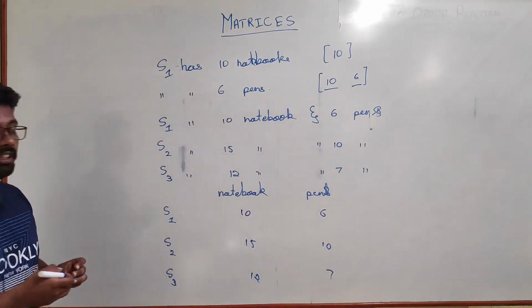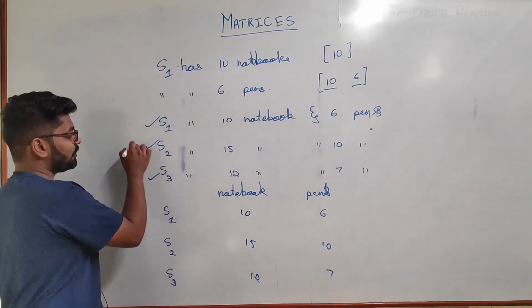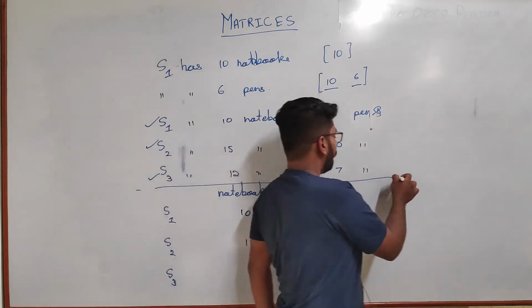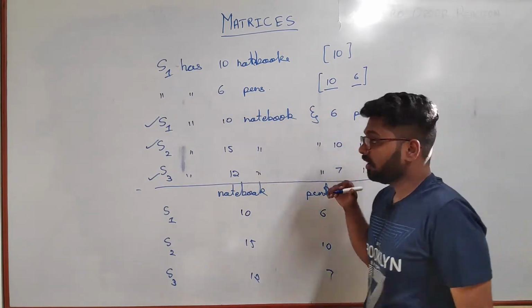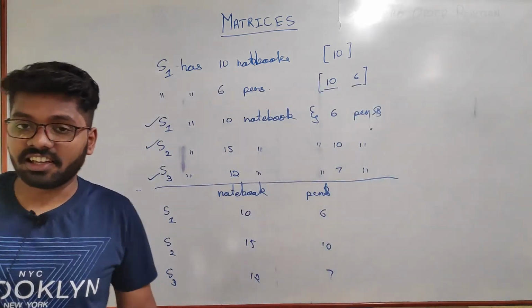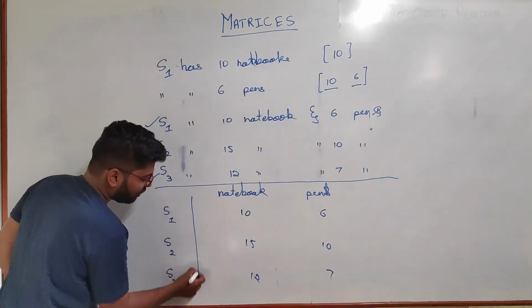Okay, so all these 3 lists, whatever was given here, were in which format? It was in sentence form. Now to make it easier, I made it in terms of a table.